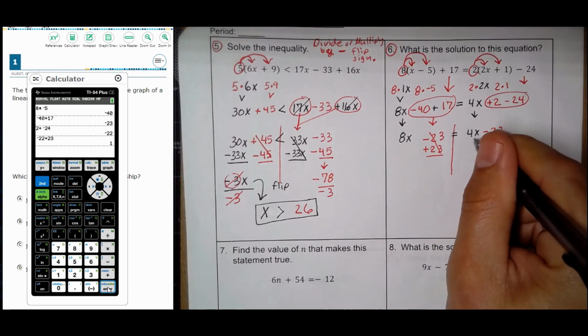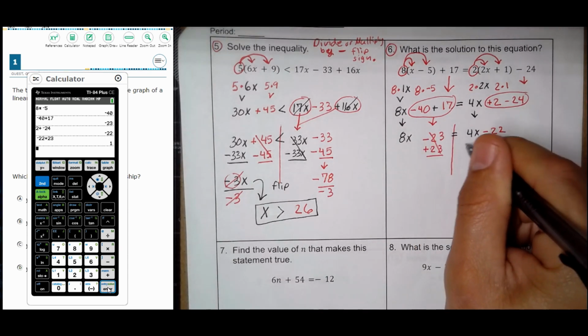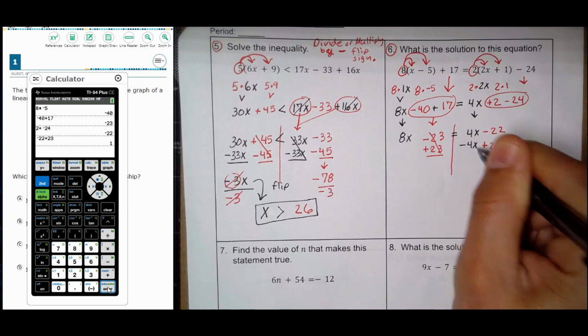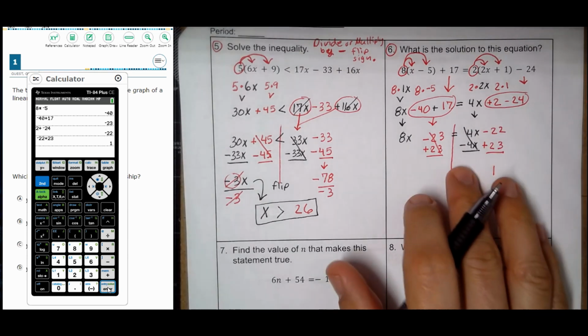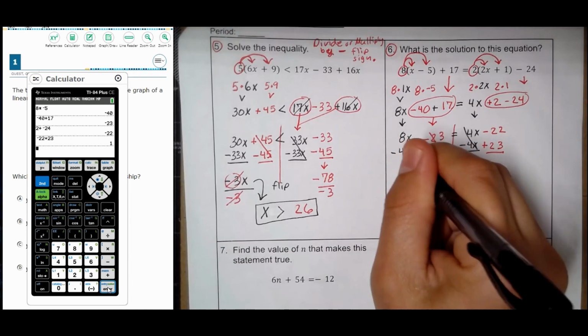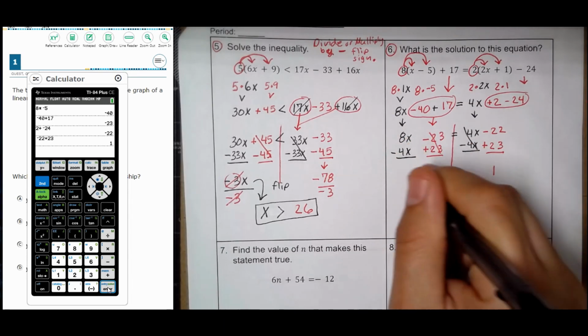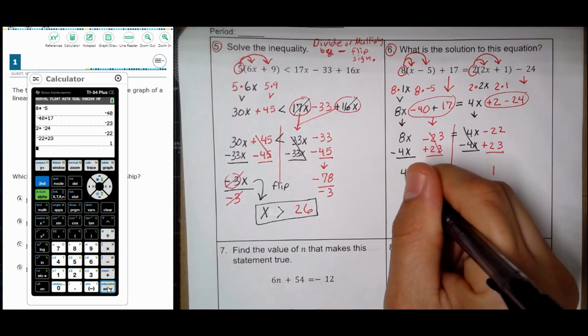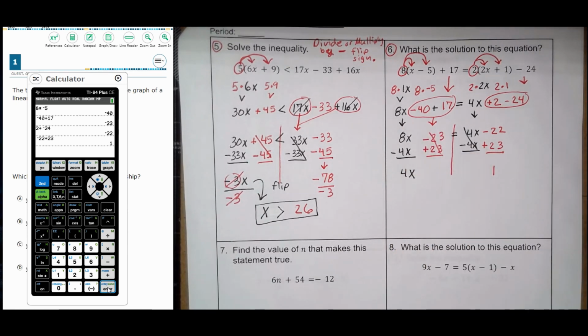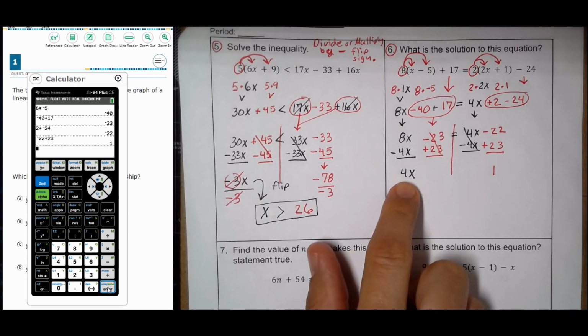I'm then going to go ahead and move my variable to my left. Now that's a positive 4x, so to move it, I do the inverse operation, which is subtract 4x. That leaves me with 0 variables on the right, and then I subtract 4x from the left, and 8 minus 4, I can do that one in my head. That is simply just 4x. Now, as usual, we do have a coefficient that's greater than 1.